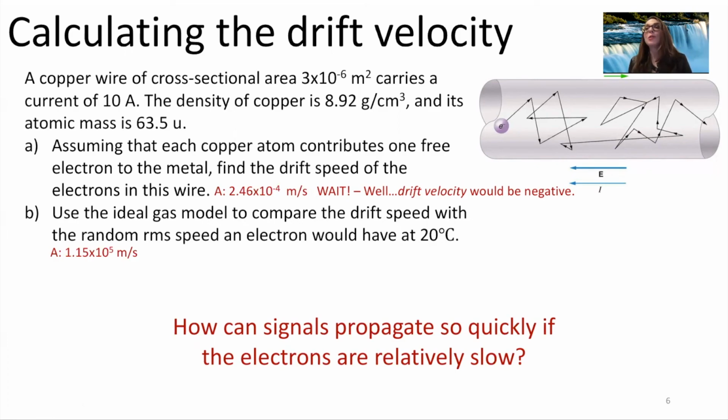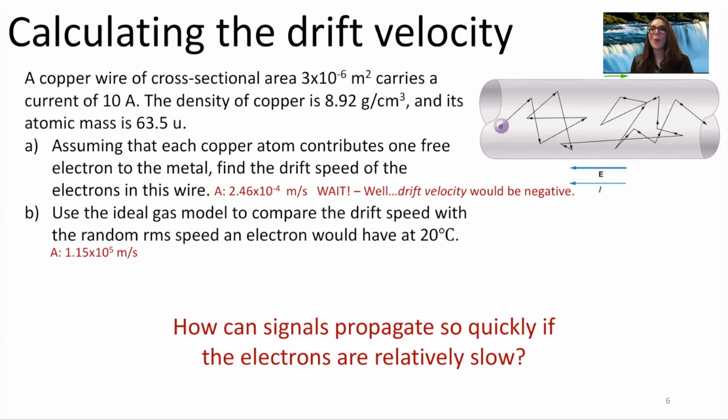And in fact, our drift velocity is actually opposite the direction of conventional current. So if I'm talking about drift velocity, then the answer really should have been negative. But if I'm thinking about drift speeds, remember speed has no direction, but it has a magnitude, then I would be reporting my value with a positive number.